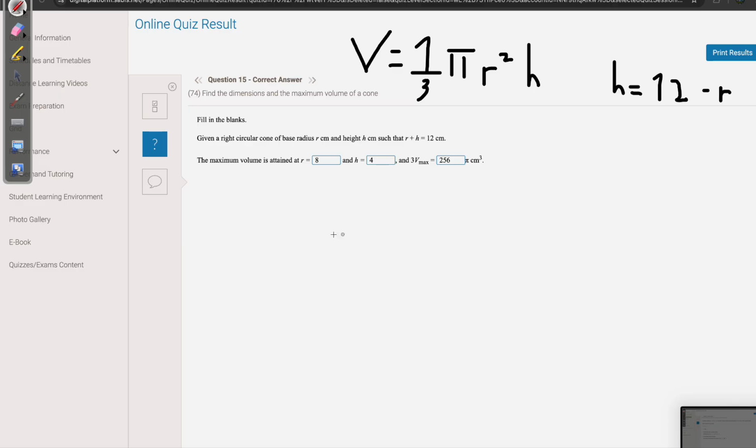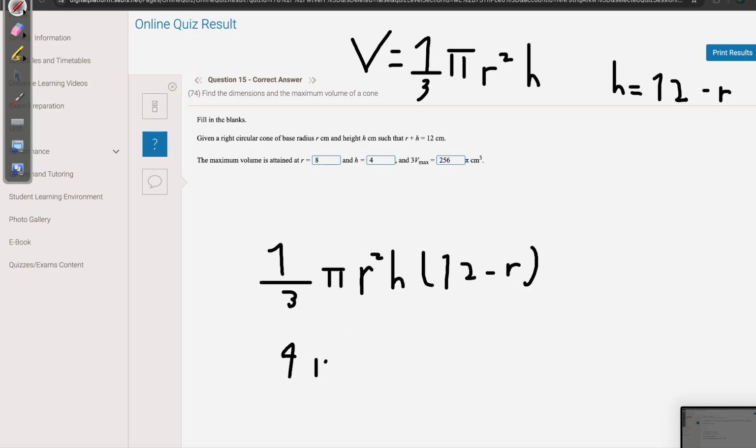Now we're gonna substitute 1 over 3 pi r squared h times 12 minus r. Then we're gonna have to distribute. So 4 pi r squared. Wait, why did I put h here?